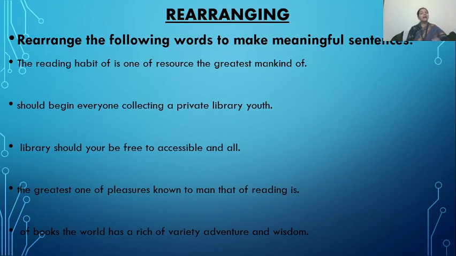So if I know how a sentence is formed, what should be placed first, I can solve this exercise very easily. Here you can form the sentence whether assertive or interrogative or imperative or exclamatory, any kind of sentence you can form with the help of given words. The condition is only this, that you can't add any other word or omit any of these words while forming the sentence.